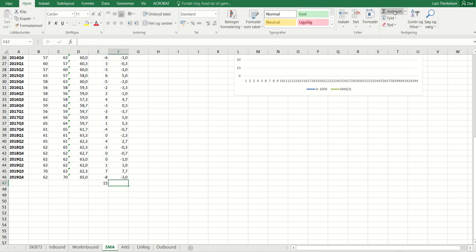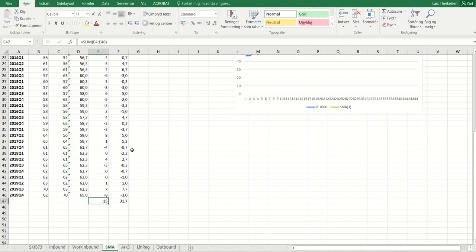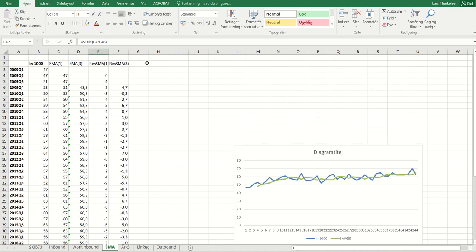This should hopefully give us less errors. If you just look at the residuals themselves, MA3 is giving us bigger values than the 1. So let's have a look at the MAD for 1, MAD for 2, MAD for 3, where we simply take the absolute values.